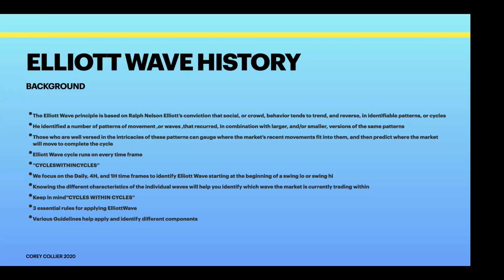Whichever of those three time frames you find that on becomes your structure chart, right? Knowing the different characteristics of the individual waves will help you identify which wave the market is currently trading within. And again, I'm going to stress this, guys, all night: cycles within cycles. There are three essential rules for applying Elliott Wave, and then there are a couple of various guidelines to help apply and identify different components of Elliott Wave. We're going to cover that stuff tonight.